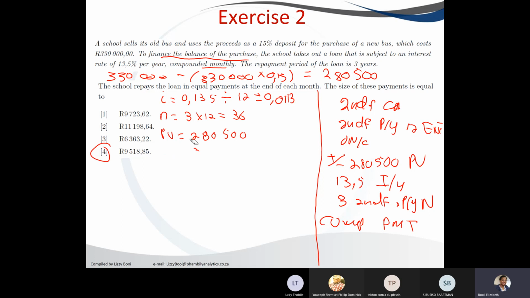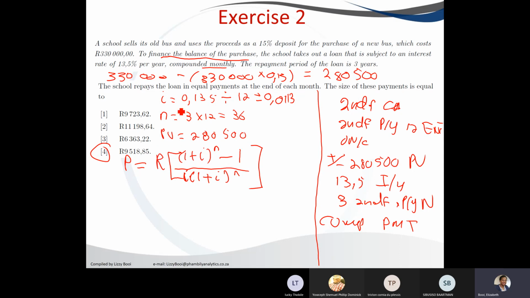Since this is the present value, we're going to use P equals R times [1 minus (1 plus i) to the power negative n] divided by i, and we need to divide because we must make R the subject of the formula.